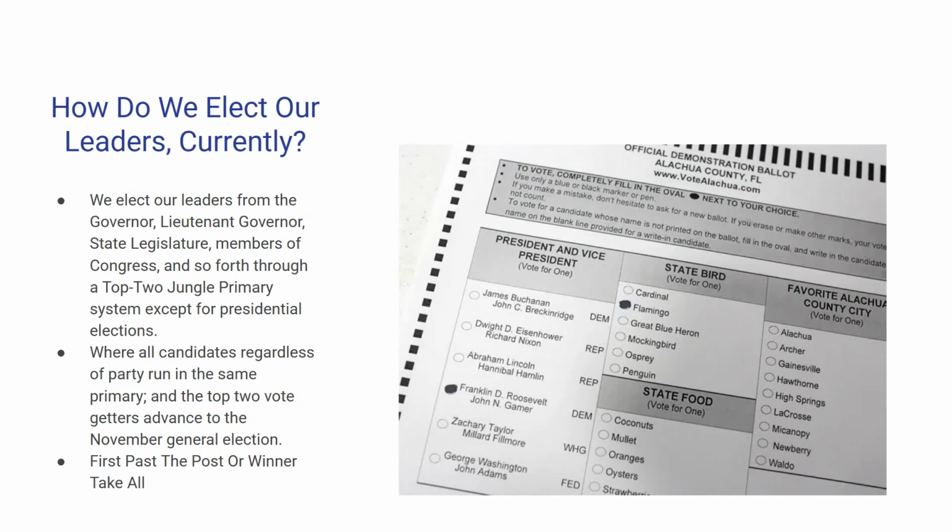So it's kind of multi-winner, but it really only applies for the first round all candidate primary, and then in the second round, where only the top two candidates advance, it's only one person that's winning.